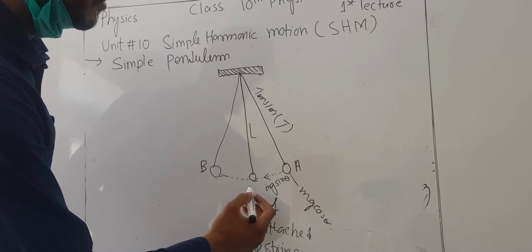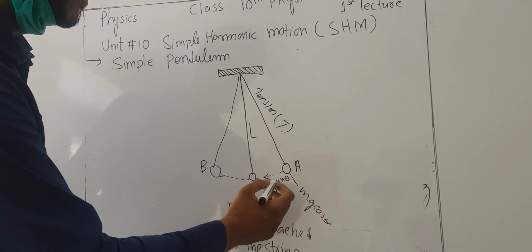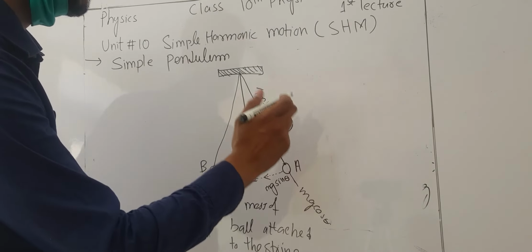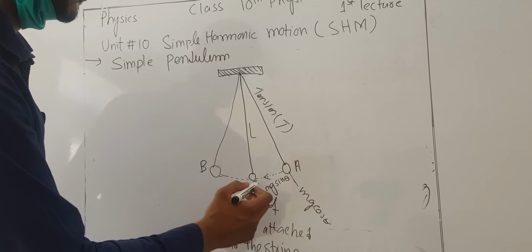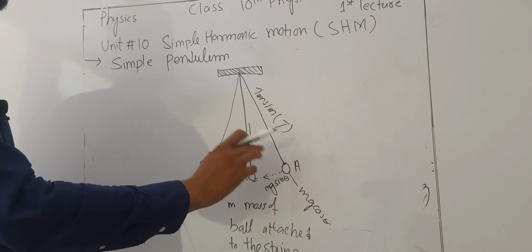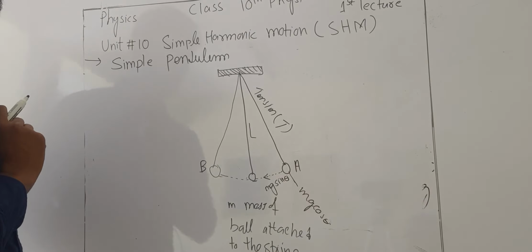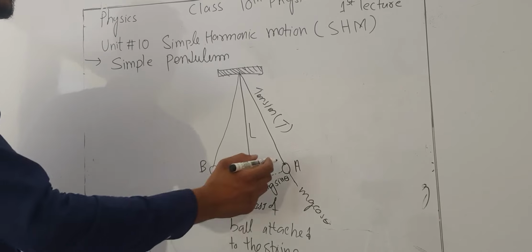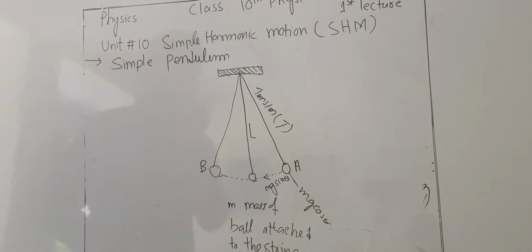When we move the ball to the position A, a restoring force is stored in it. When we release it, it moves toward the mean position and then on to the position B due to the restoring force. At the mean position it has the highest velocity, but at the extreme position it has the lowest velocity, approaching 0.